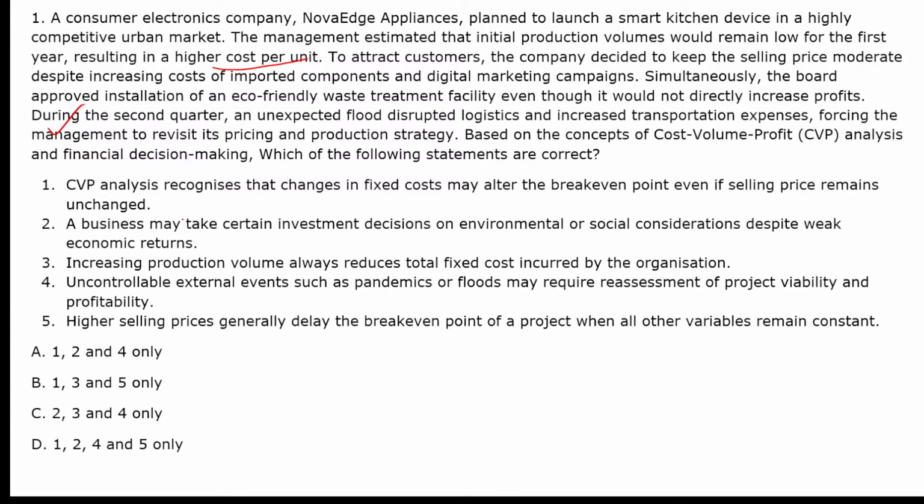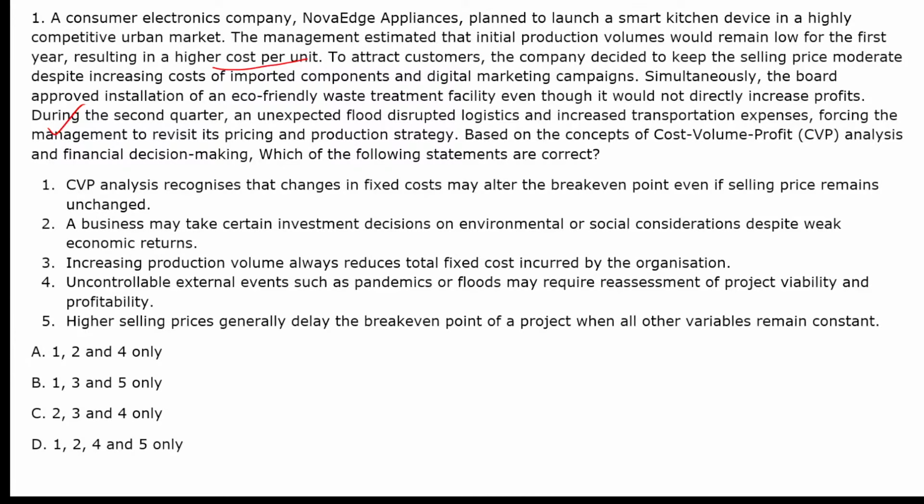Simultaneously, the board approved installation of an eco-friendly waste treatment facility, even though it would not directly increase the profits. During the second quarter, an unexpected flood disrupted the logistics and increased transportation expenses, forcing the management to revisit its pricing and production strategy.